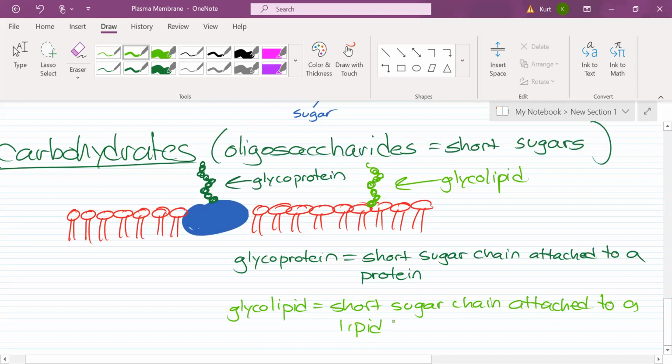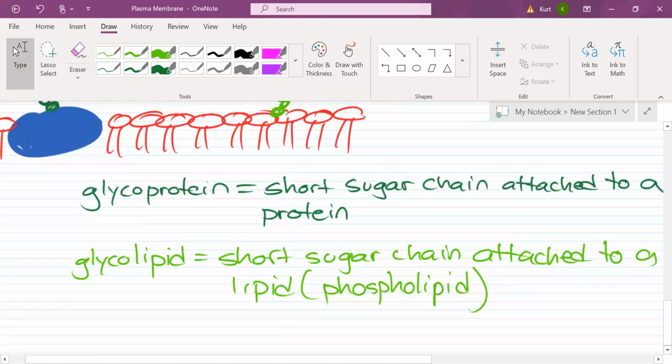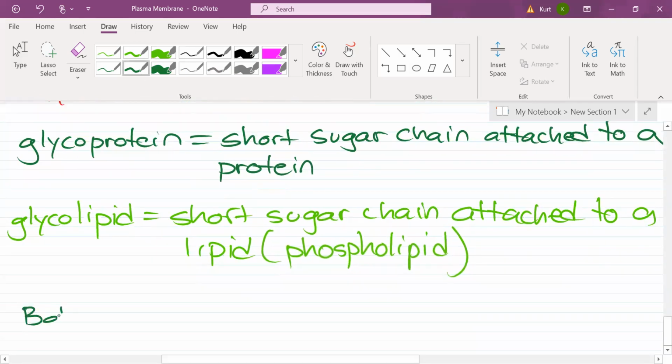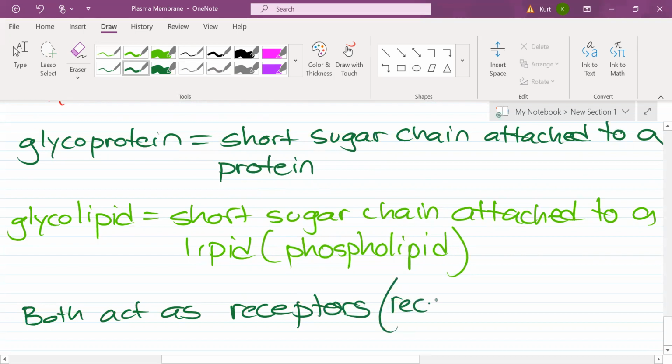In this case, it's going to be a phospholipid. What do these two do? They both act as receptors. They receive chemical messages.